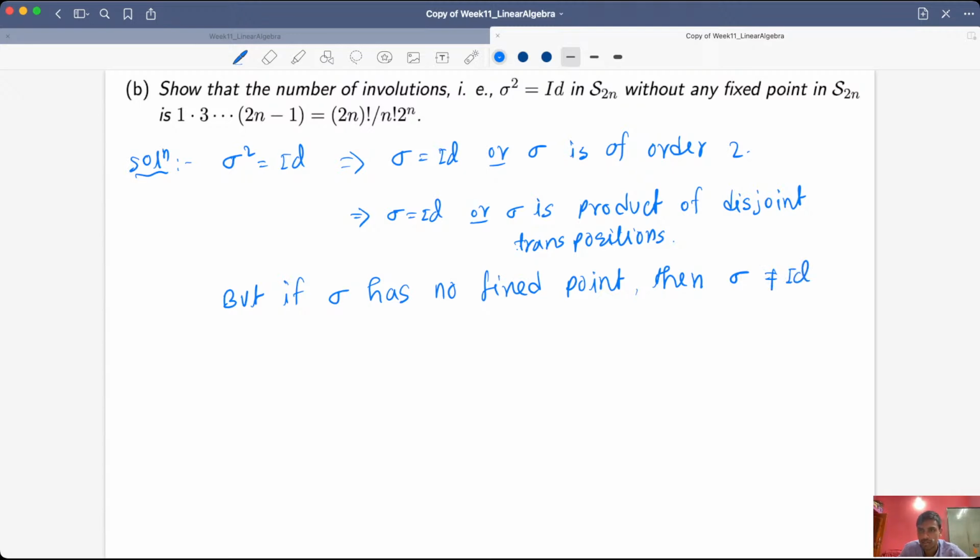Sigma is not equal to identity, and also sigma is a product of exactly n many disjoint transpositions.